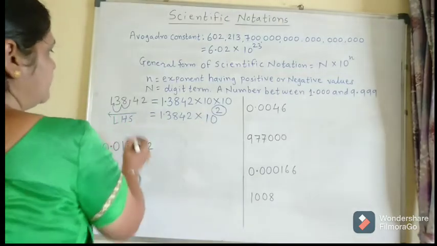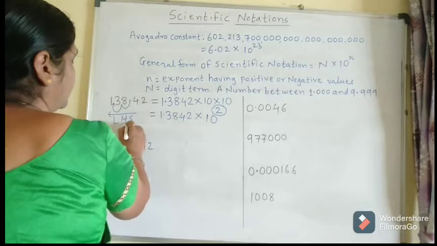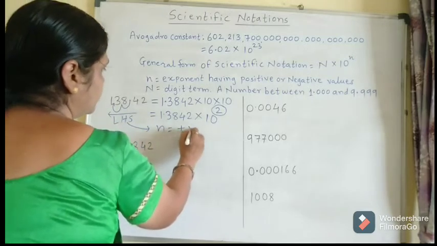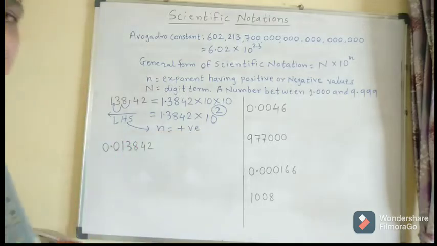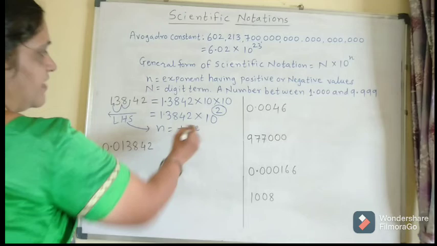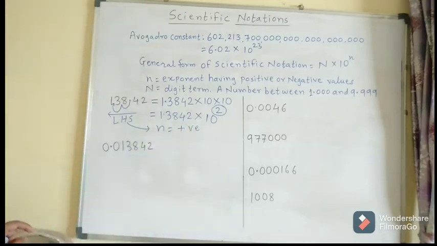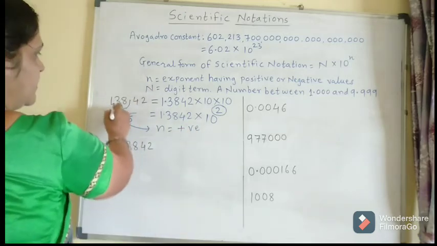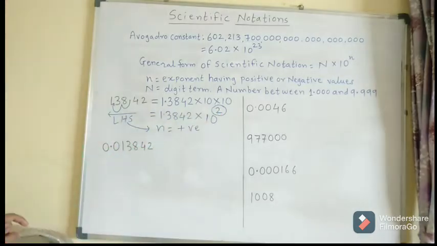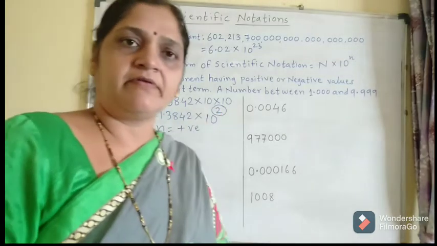Now do remember, when we are shifting the decimal point to the LHS, the n value will always be positive. And the number of digits we have shifted the decimal point is the value of n. Got my point clear to everyone?